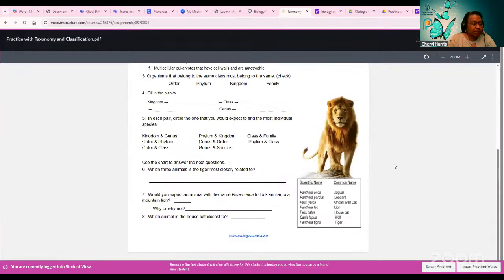Now this is kind of easy to do, so it is entirely possible to finish it today, but it is due Monday. Okay, any questions? Anybody having any trouble downloading the worksheet?